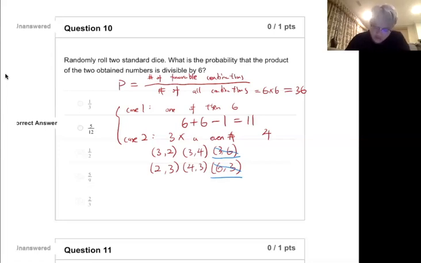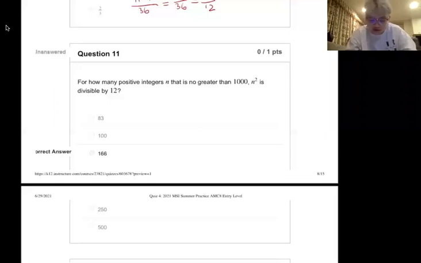So the total favorable combinations is 11 plus 4, and all possible combinations in total will be 36. So it's 15 over 36. Simplify it, we get 5 over 12. Let's move on to the next question.